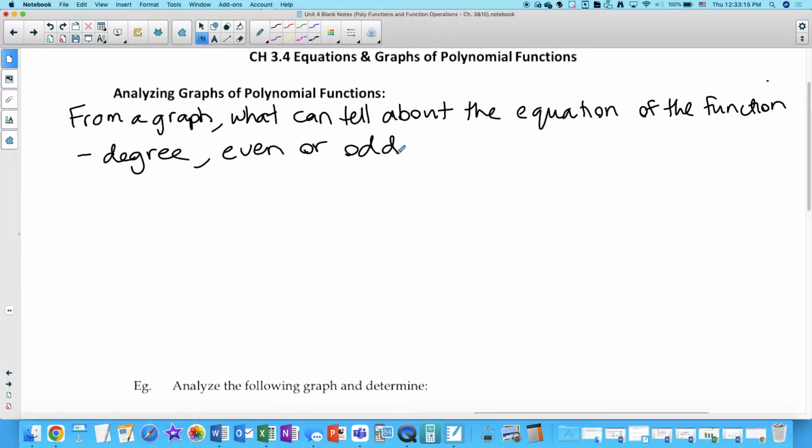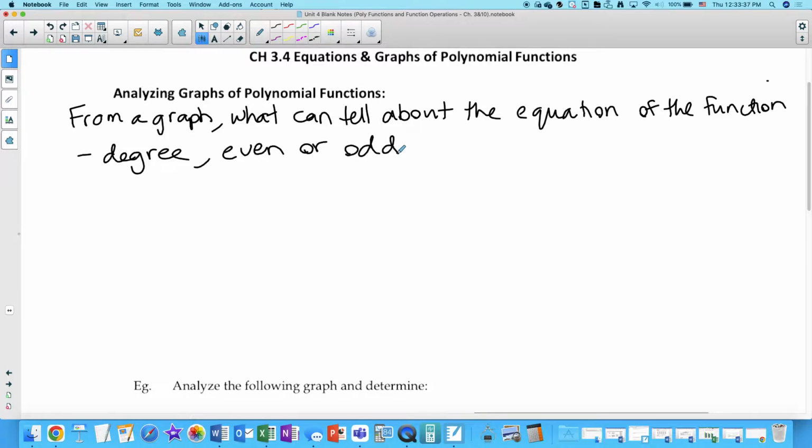Like from that, you can figure out the direction that it goes. Okay, so what you're talking about is the end behavior, right? Which is something that you would visualize from the graph. So if you know the end behavior from the graph, what does that tell you about the equation?